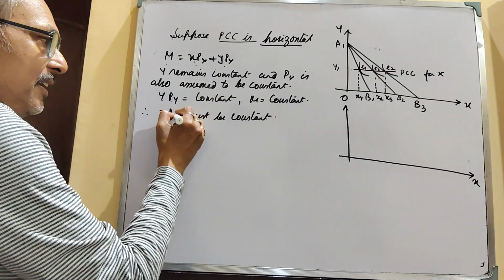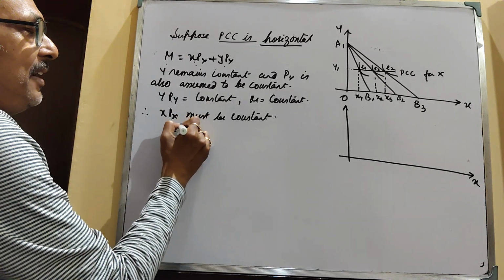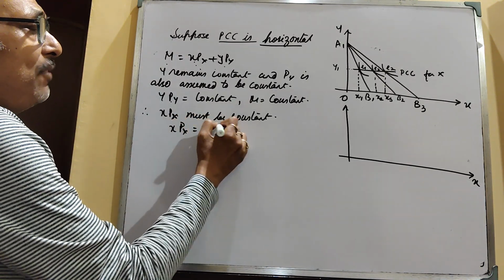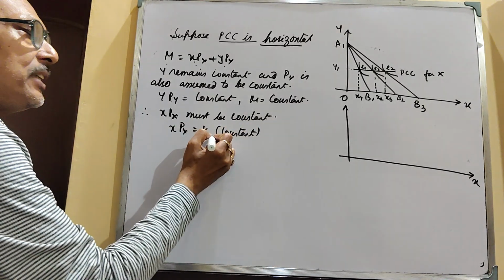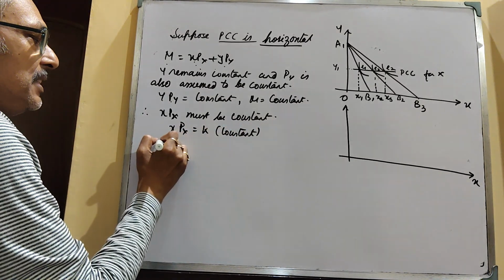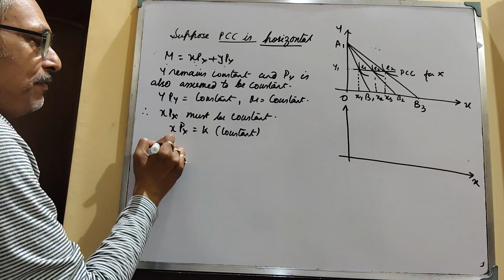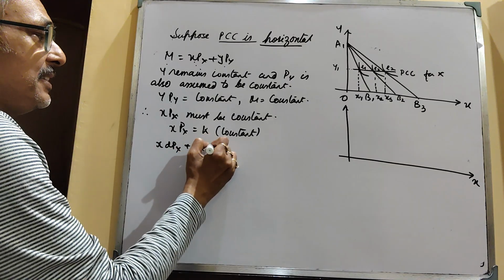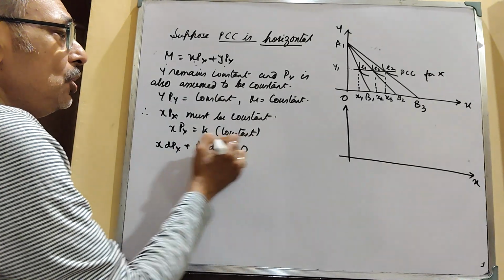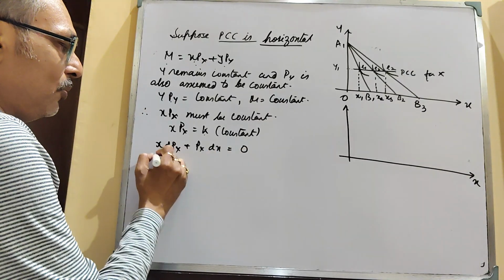We show this thing. XPX is constant. XPX equals say K, which is a constant. We take the total differentiation of this. Keeping X constant, x dpx plus px dx equals 0, because the differentiation of a constant term is 0.